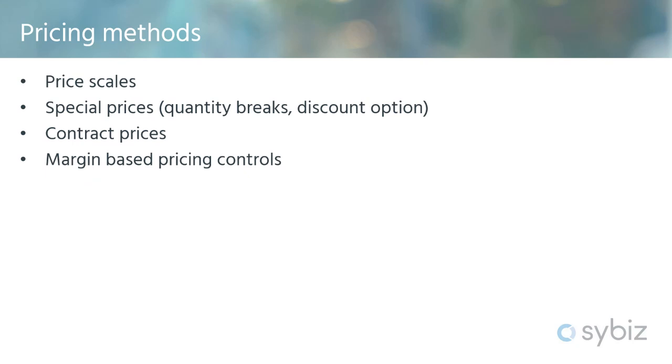And there's a discount option, which, as I mentioned earlier, is not part of the supplier special prices, that's just customer special prices. Then there's contract prices as well, and we also have margin-based pricing controls. So again, we've quite a bit to cover in the pricing section, but hopefully not as technical as the costing section.